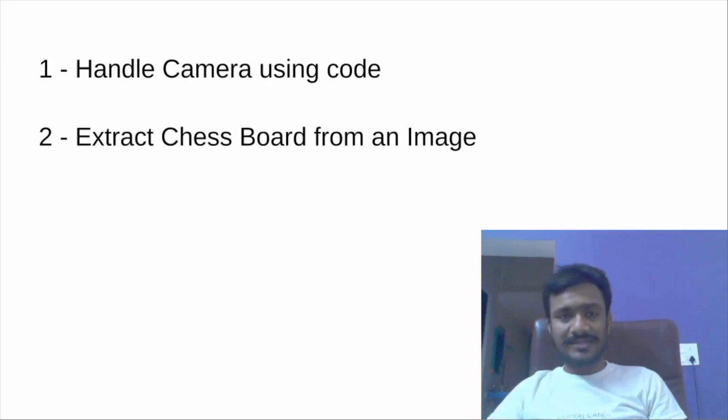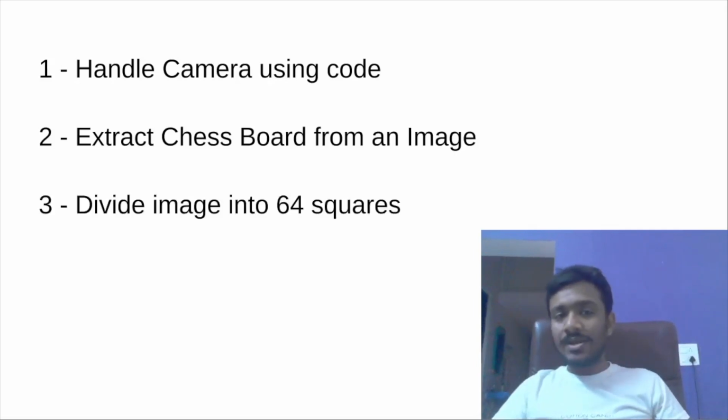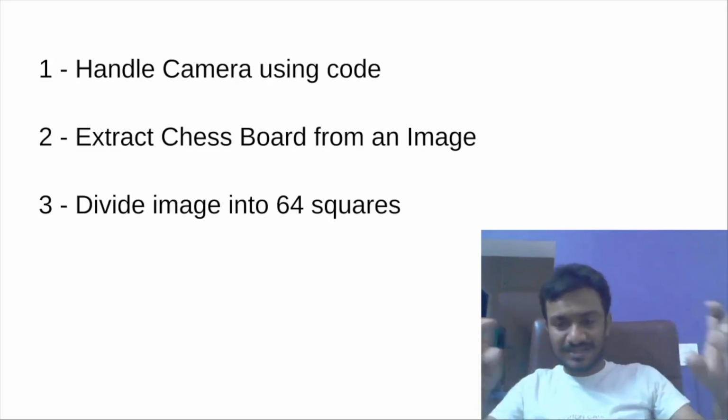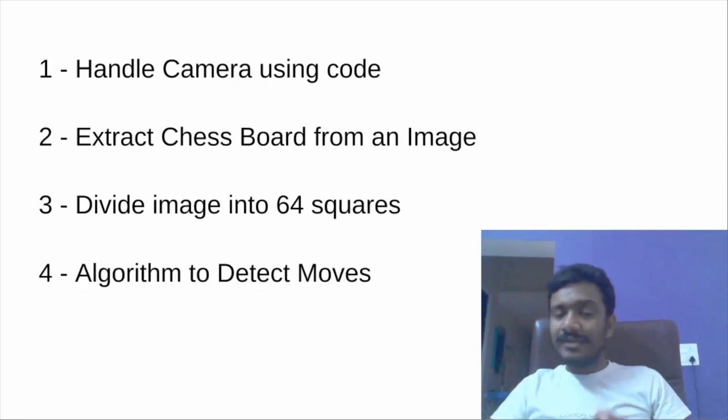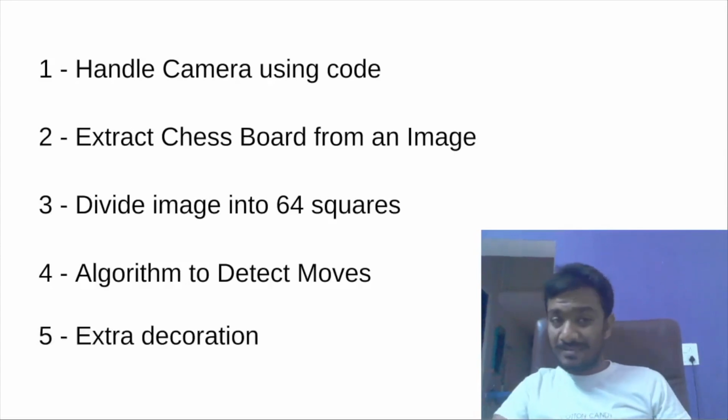The second one is to extract the chessboard from that image, and then we can divide that image into 64 distinct images, one for each square of the chessboard, and then design the algorithm to detect the moves using those 64 images. And the last one is some decoration, like the computer can speak out the moves as we saw, or it can show the chessboard. Various things we can try. Okay, so this is my breakdown.